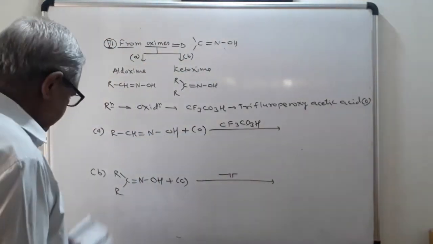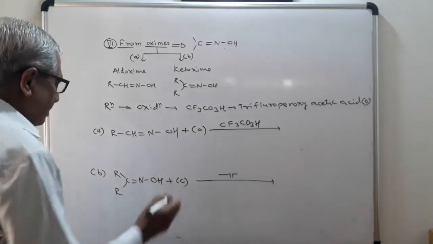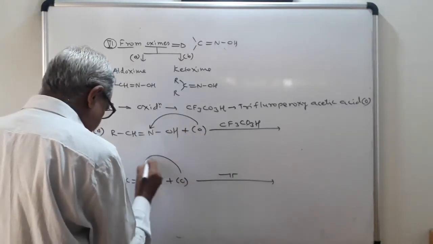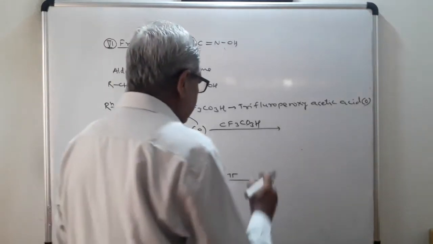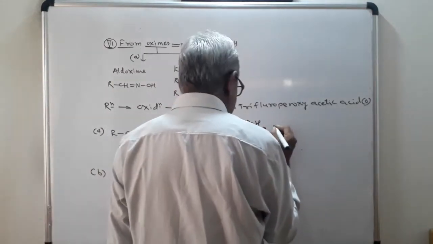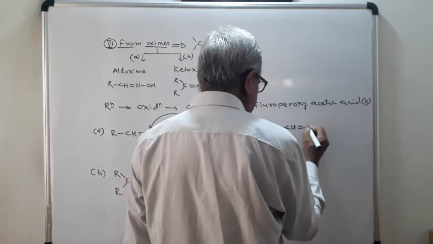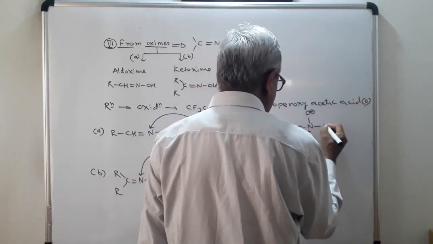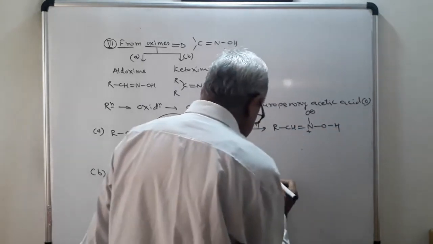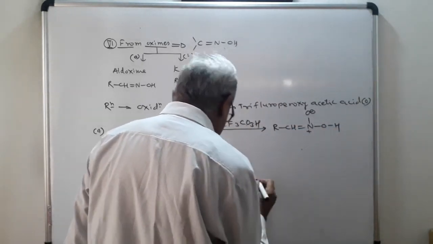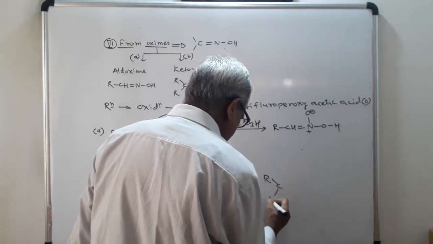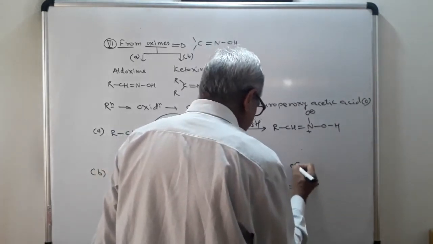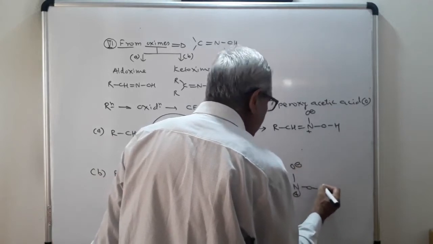In this case, this oxygen atom will be added to the nitrogen, and you will get the next structure, RCH=N+(O-)OH. Again in this case, you will get the same thing here, RCR=N+(O-)OH.